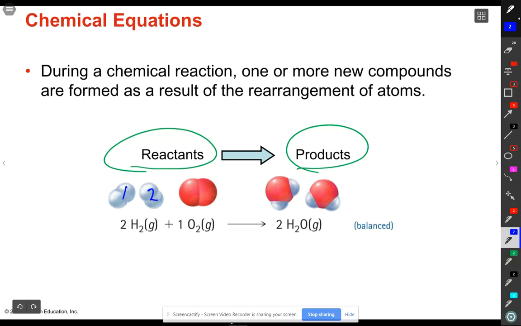Then over here we had 2 H2Os, so, 2 H2Os. So the picture makes it clear the prefix number is telling us how many molecules we have. This subscript here tells us that each molecule has 2 atoms.